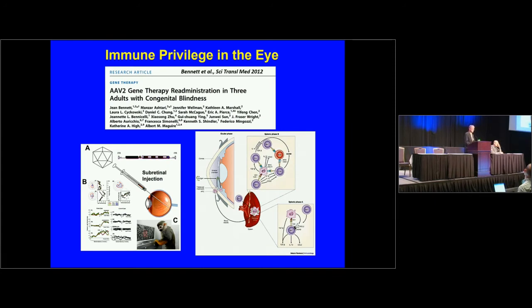Now, you may be aware that there has been successful re-administration of AAV vectors by subretinal injections in ocular gene transfer in patients. There was no immune suppression involved, and you can use the same vector for re-administration, taking advantage of an immune privilege that exists in the anterior chamber of the eye.